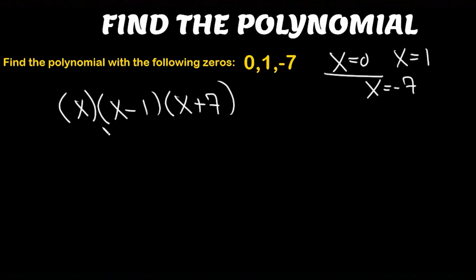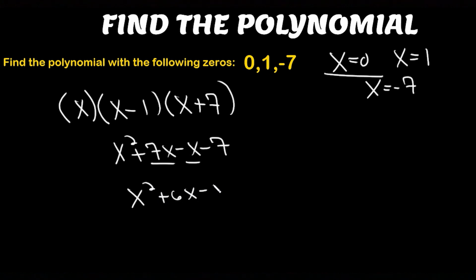Now I'm going to work on the binomials first, and then I'll go ahead and distribute this x after I'm done. So doing the binomials first, x times x, I get x squared. Okay, then I get plus 7x minus x, and then minus 7. And now we can combine like terms here and here. So I get x squared plus 6x minus 7.